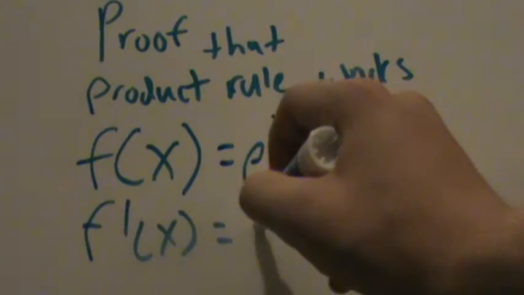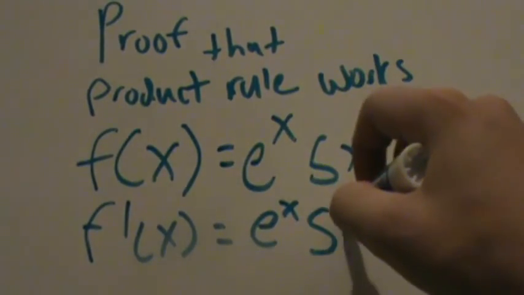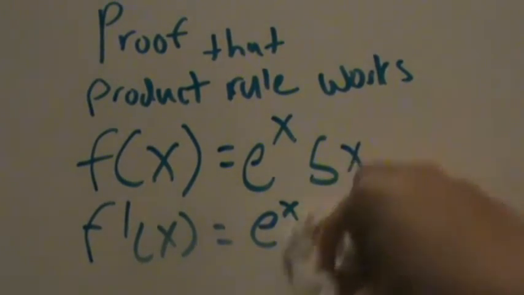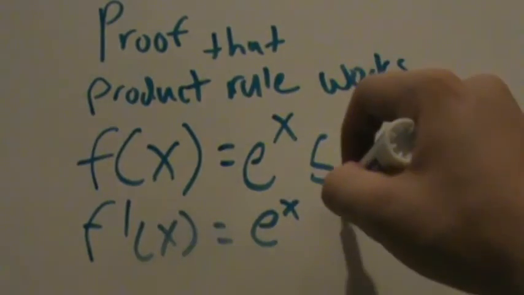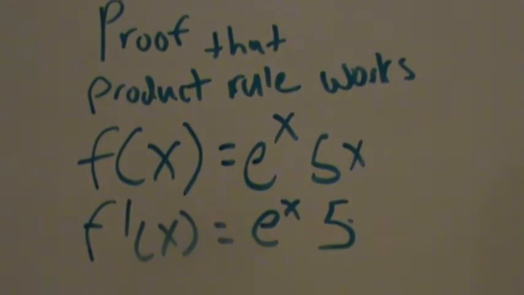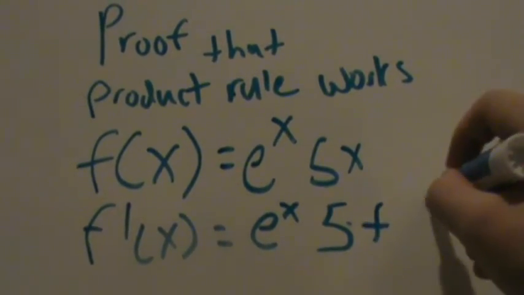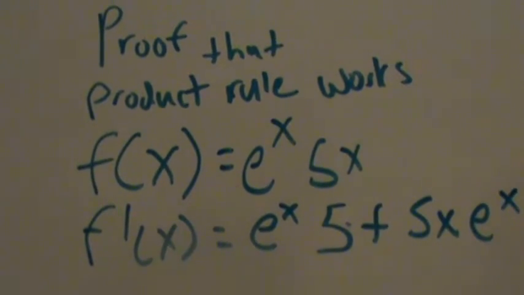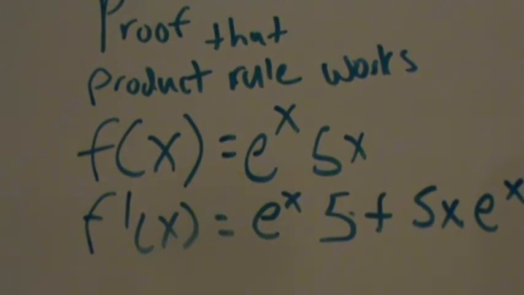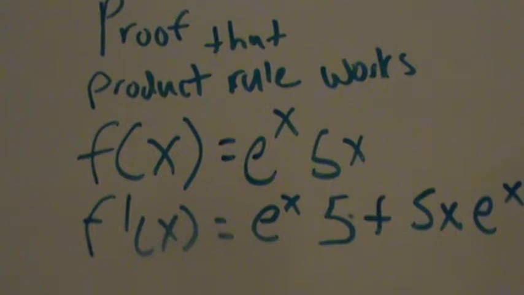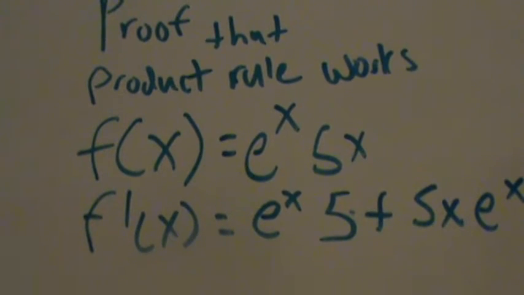So we'll say e to the x 5x, or no, let's just do it this way: e to the x 5 plus 5x e to the x. So what do we expect here? That when we integrate this back, we will get our f of x.